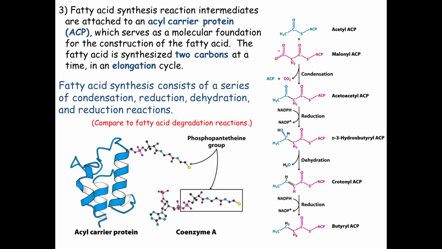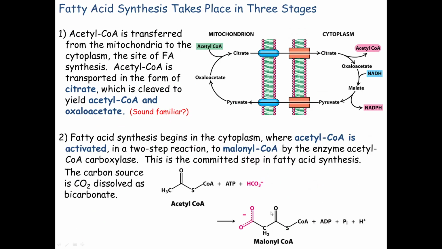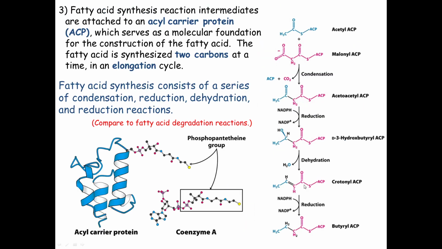What does it cost me every round? Well, it costs me 2 NADPHs to do every round. It also costs me making one of these malonyl CoAs every round, which is again an ATP. So it costs me 2 NADPHs and 1 ATP to make the carbon chain 2 carbons longer. And of course I'll keep making it until I get to the size I intend, 12, 16, 20 carbons, whatever it is.